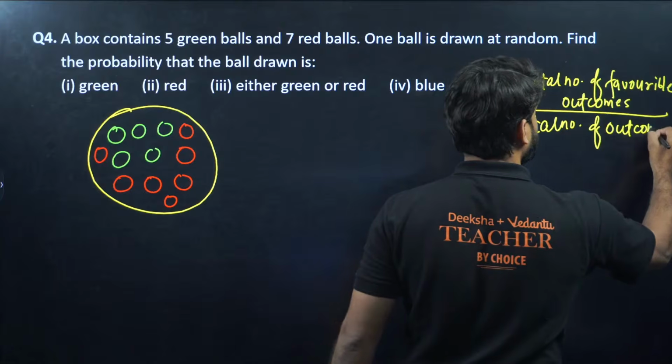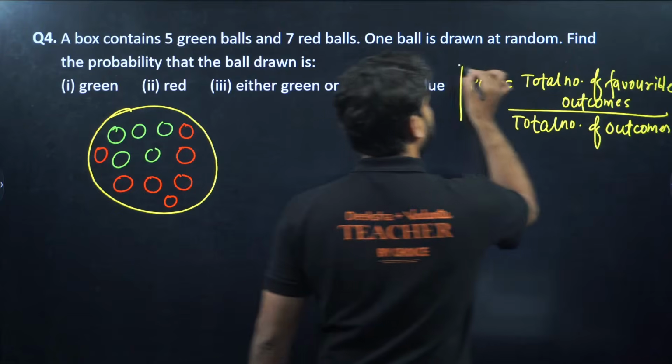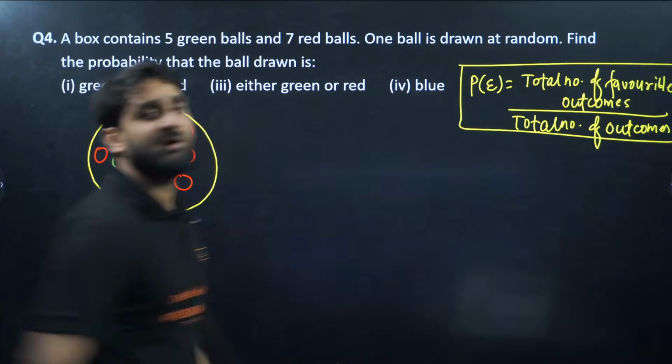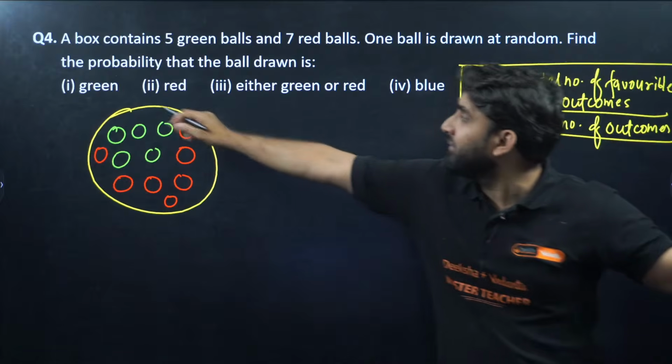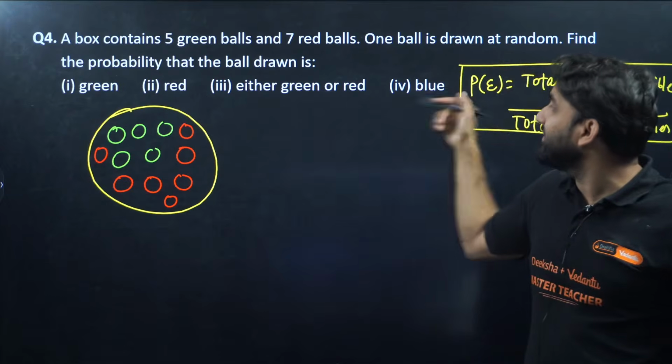So basically this is the formula we use to find the probability of an event. What is favorable? Favorable is what we are talking about. Green, red, either green or red, these are the favorable.